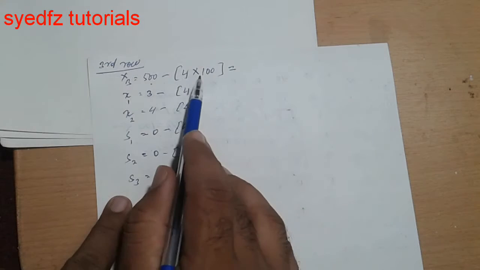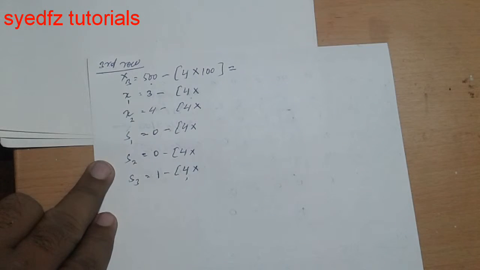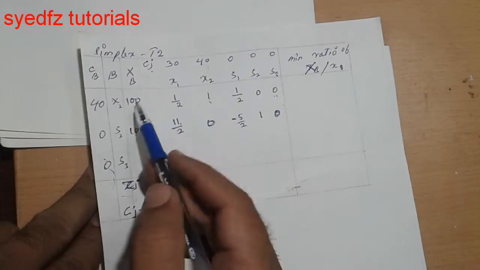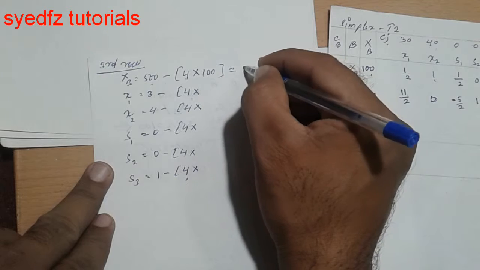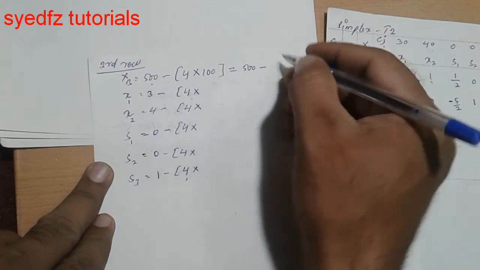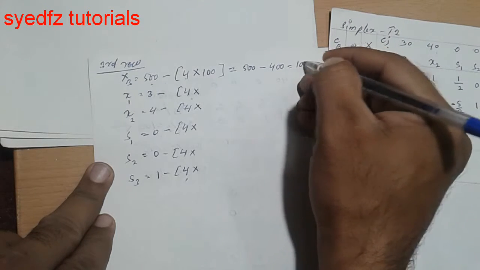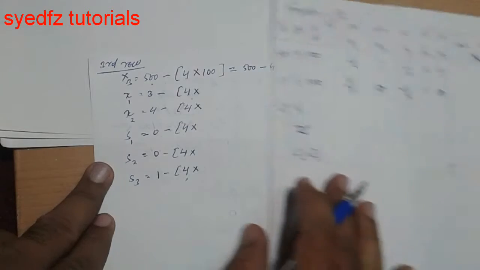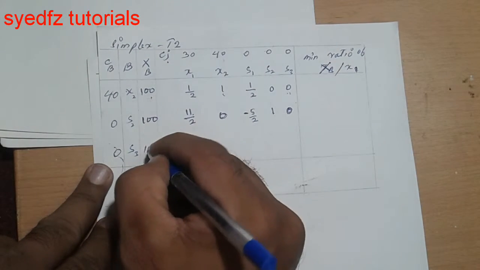For the new value we have 100 here, taken from the new table. So this one is 500 minus 4 into 100, 400. The answer is 100 for XP. So for S3 the answer is 100.